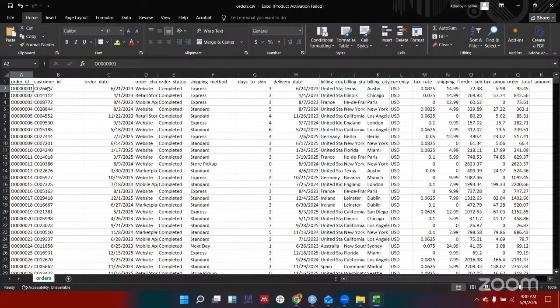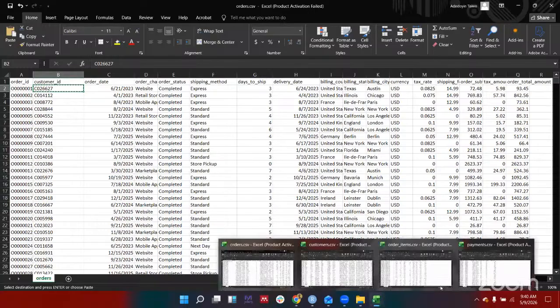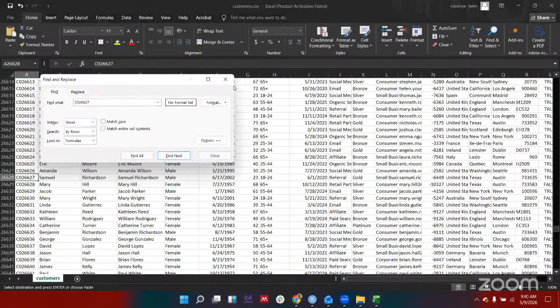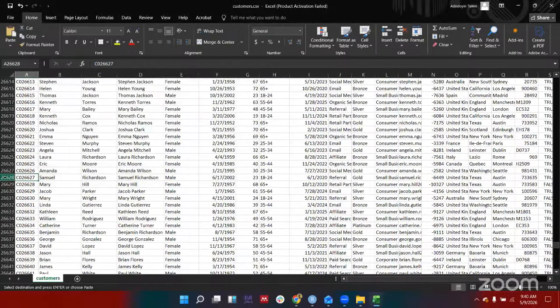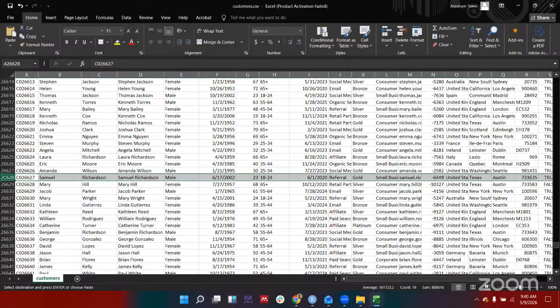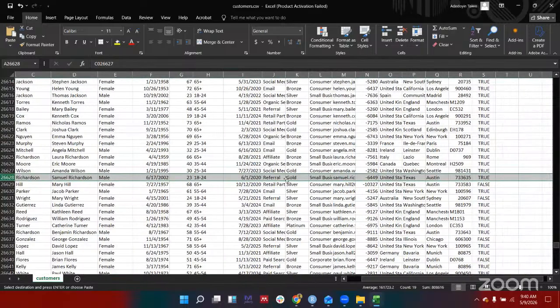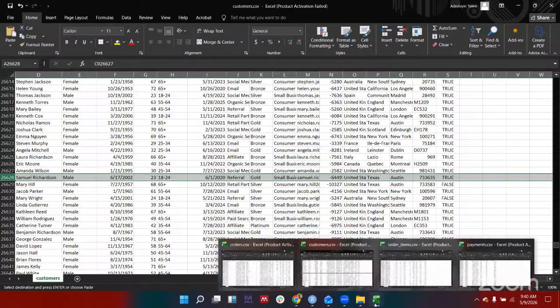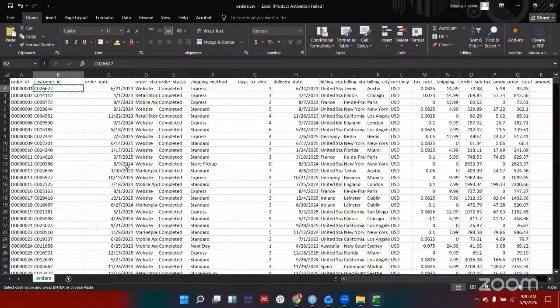So you can see that if I want to see the name of this customer, I'll just pick the customer ID, then go to the customer table, then say Control F, and look for that customer. So the name of the customer is Samuel Richardson, male, billing date, the kind of membership and all of those, where he stays, is the same thing as what is in this order when he ordered.